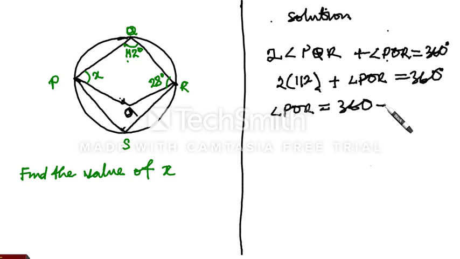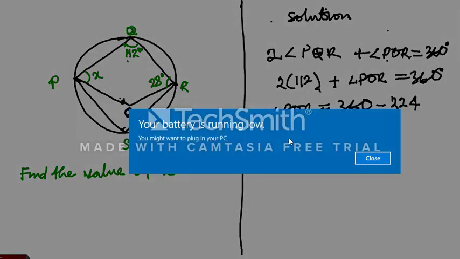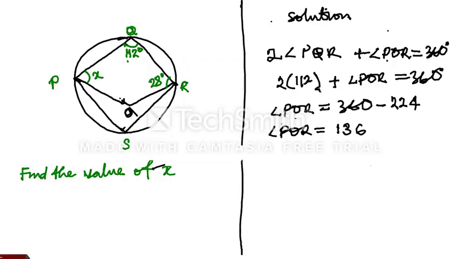So minus 224. Good. When we subtract 224 from 360, we are going to get 136. So from now we know this angle POR to be 136.